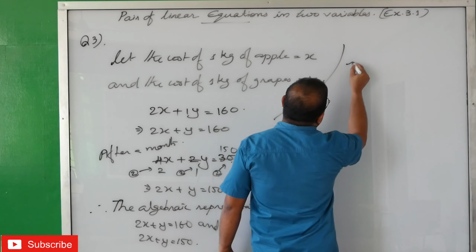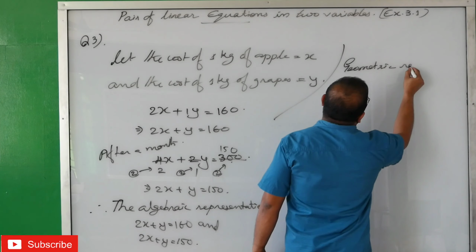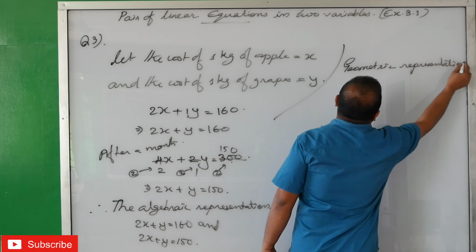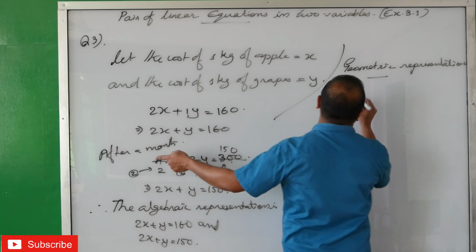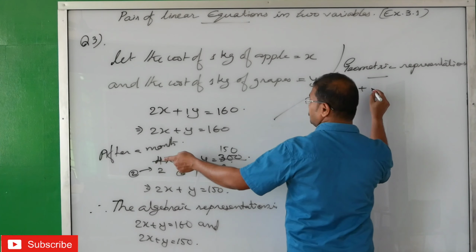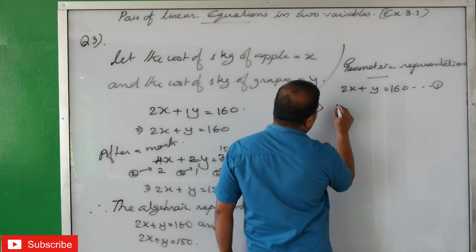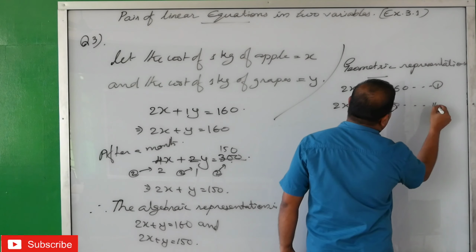So for the geometric representation, what will you do? We will take both equations. What are the equations? 2x plus y equals 160, that is equation number 1. And the second equation is 2x plus y equals 150, that is equation number 2.